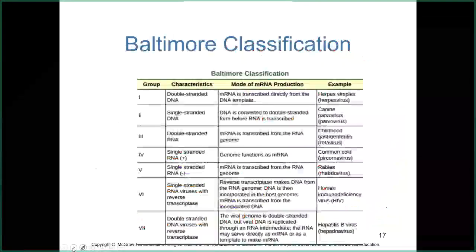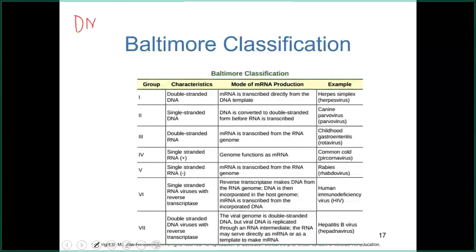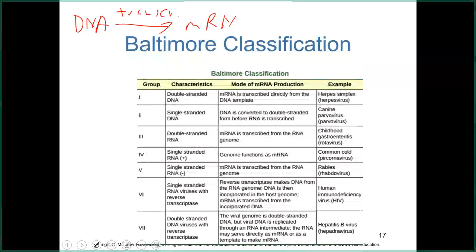So let me just write that down, just so you remember. I've talked about it before. Transcription is where you go from DNA to RNA, messenger RNA in our case, which is the same as positive sense RNA in a virus. And then the step where you go from RNA to protein is translation.